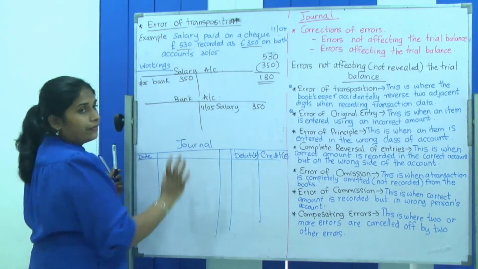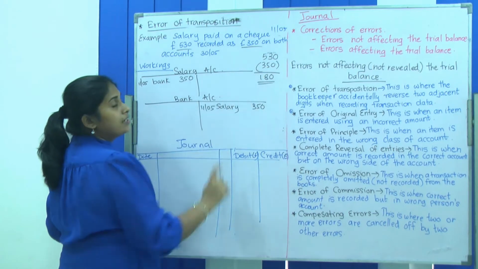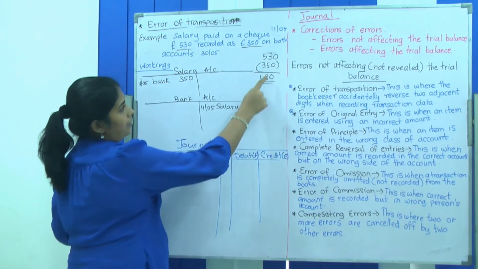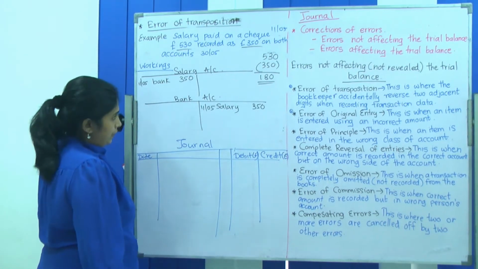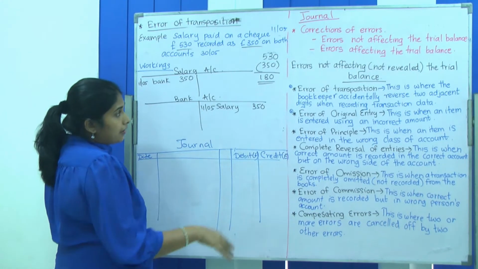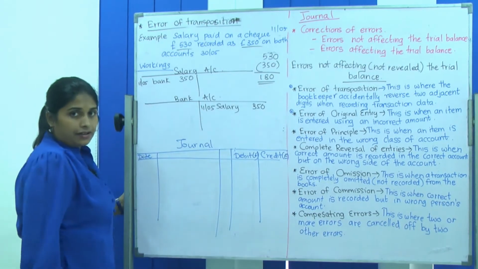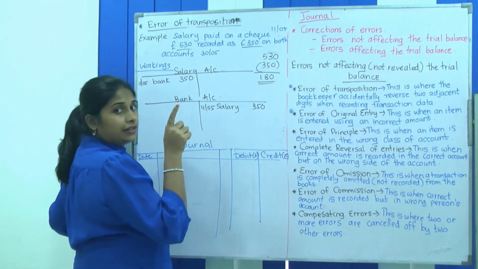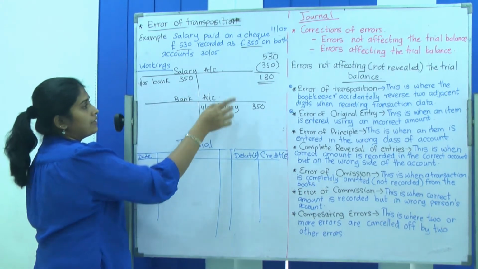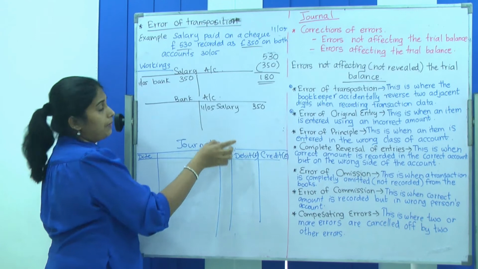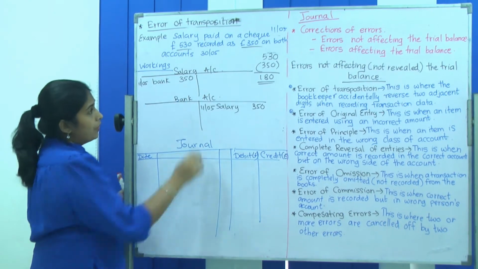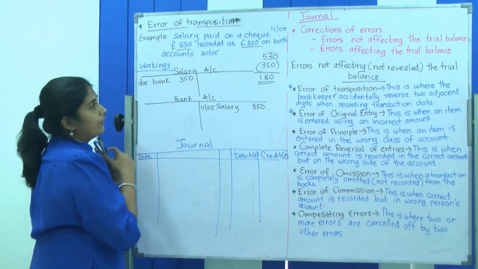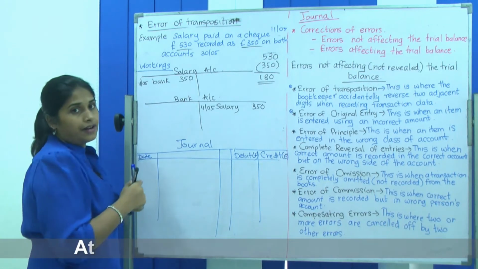He has to record 530, but instead he has recorded 350. Because it's a decrease, to make 350 into 530 you have to add 180.